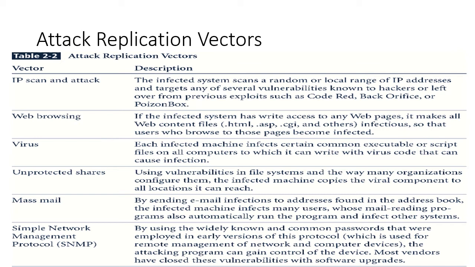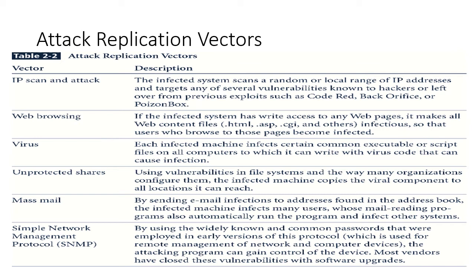So we do have what we call attack replication vectors. We define a vector as a way or a method that an attack uses to exploit a particular system or application. We have various attack replication vectors. An attacker can use a vector such as IP scan and attack.